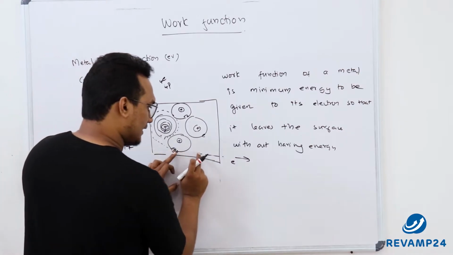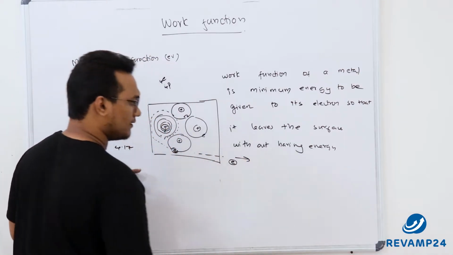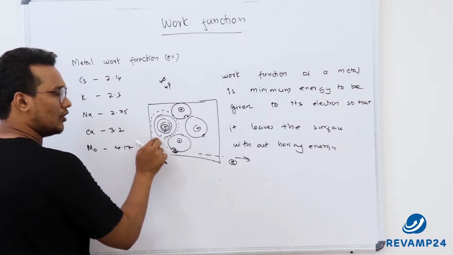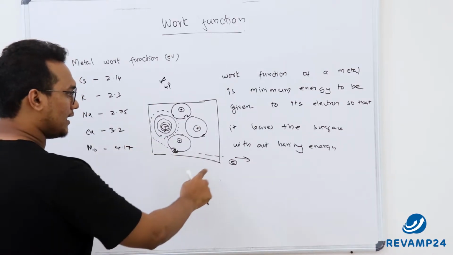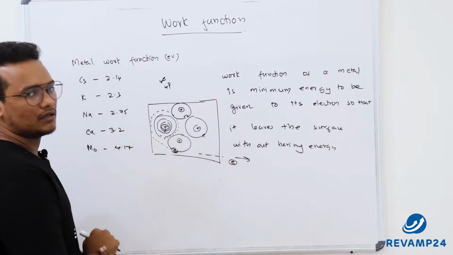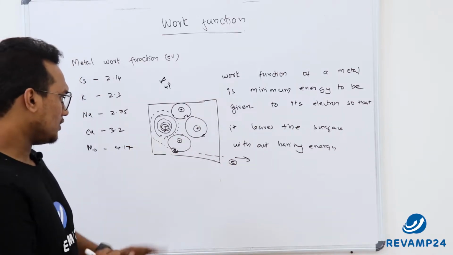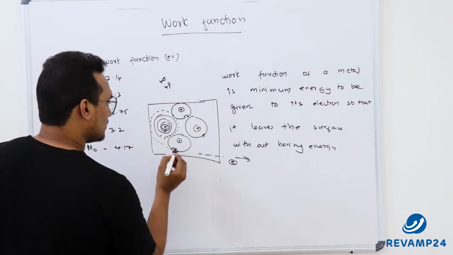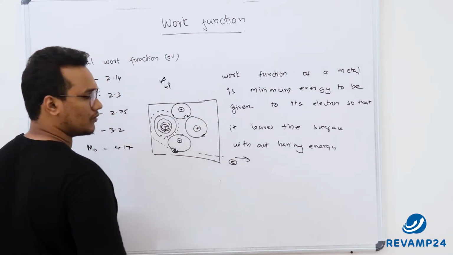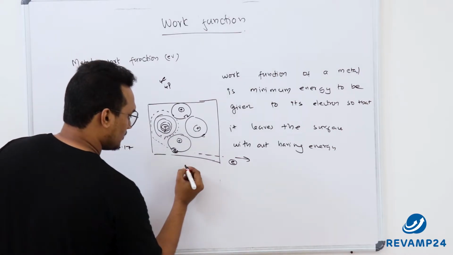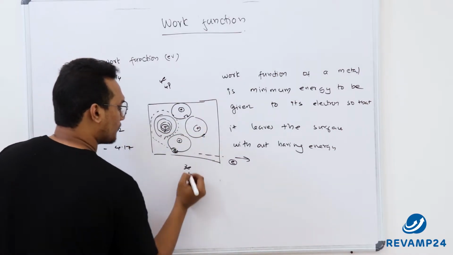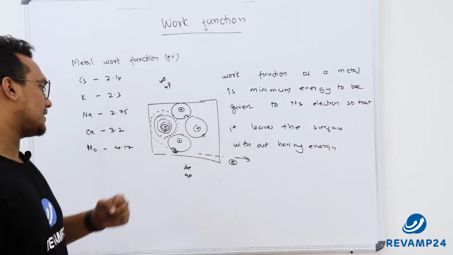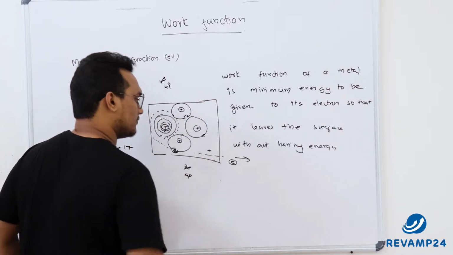So this electron belonged to this atom before, and this electron was with this atom before. The total charge inside will become only 3 electrons and 4 protons. What is the net charge? That is 1 positive charge.